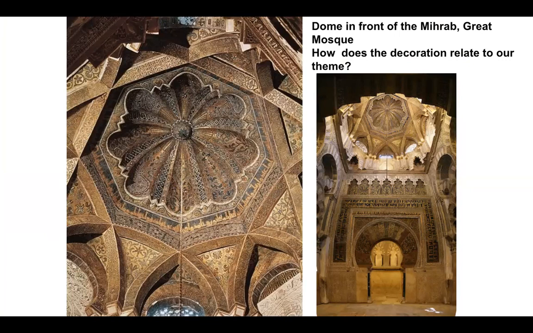And then the decoration of this mihrab and this dome is all based on the Quran. Can you see the calligraphy in gold with like a black background? Makes it really readable, right, from a distance. We see it in the borders. We see the arabesque, the organic vegetation in these triangular sections.